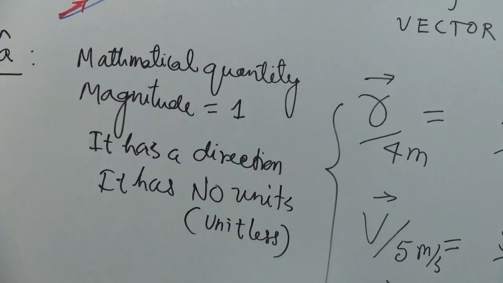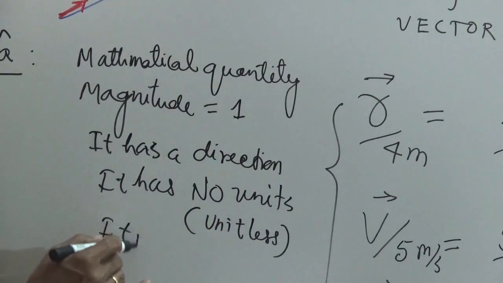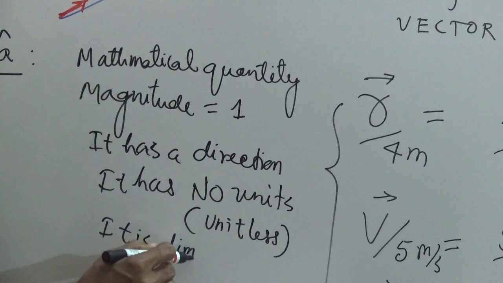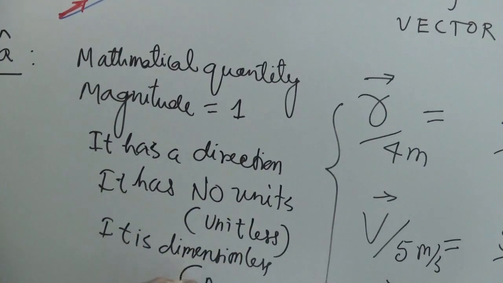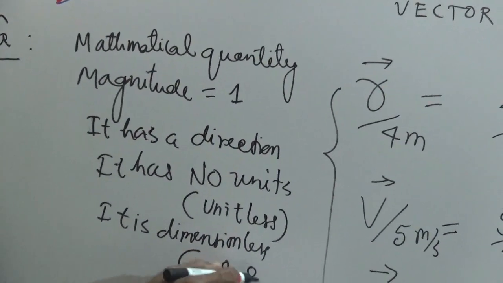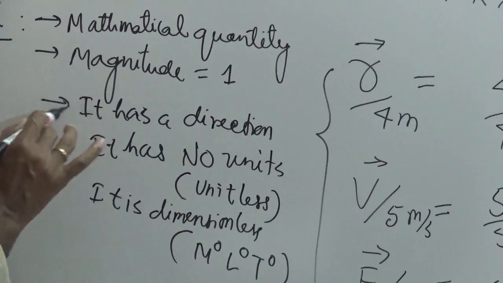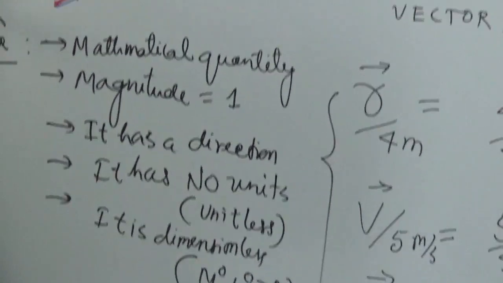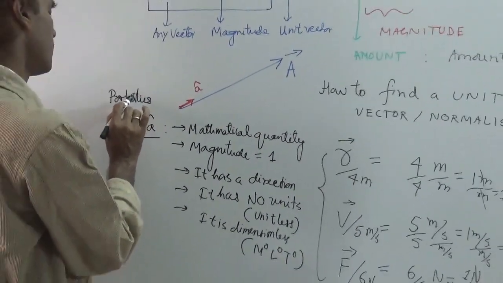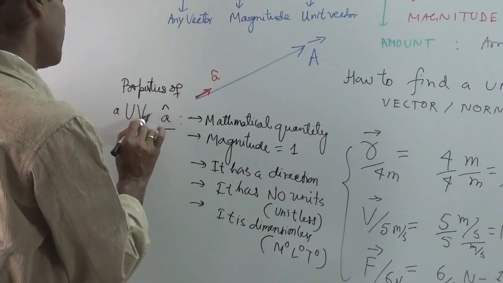Unit vector is unitless and it is dimensionless, meaning m to the power 0, n to the power 0, and s to the power 0. So these are the properties of a unit vector.